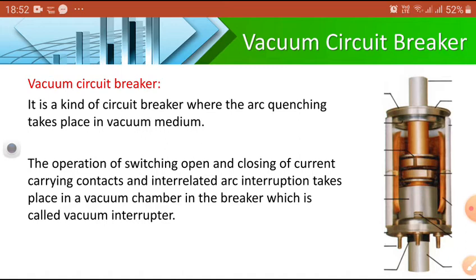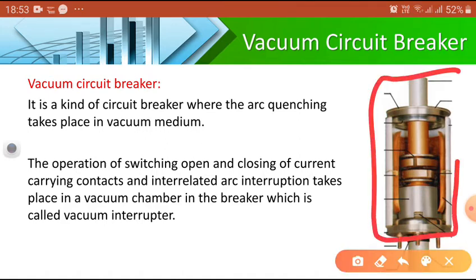The switching operation, opening and closing of current carrying contacts and the interrelated arc interruption, takes place in a vacuum chamber in the breaker, which is called a vacuum interrupter. You can say this is a vacuum interrupter. Everything happens here. It is a perfectly sealed unit.